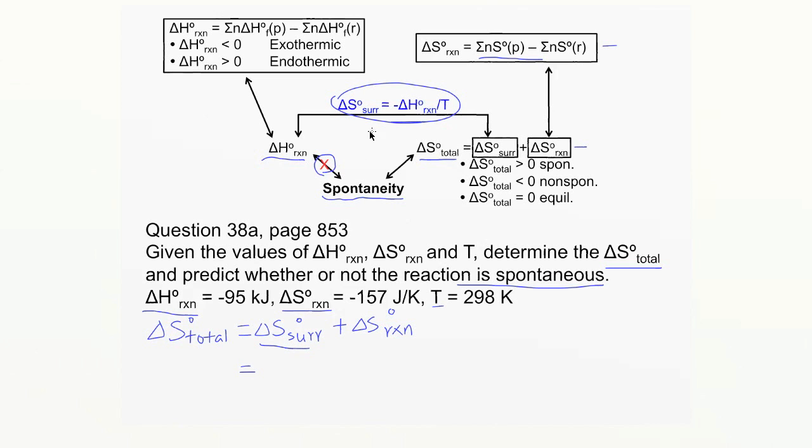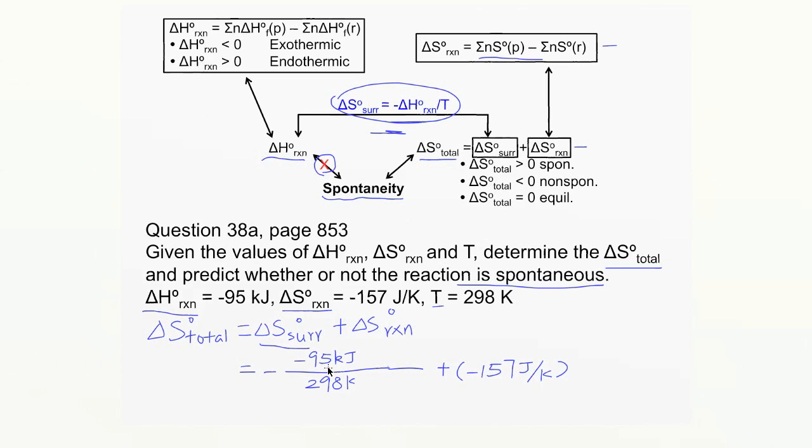According to this equation, that is negative delta H for the reaction, negative 95 kilojoule over temperature, 298 Kelvin. Okay, and then plus the delta S reaction, negative 157 joule per Kelvin.